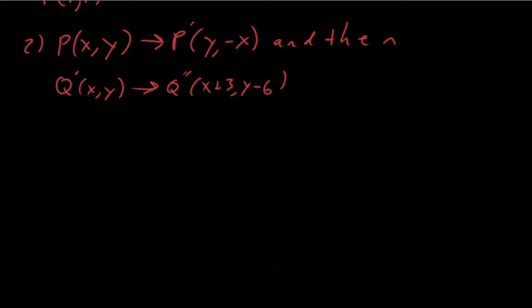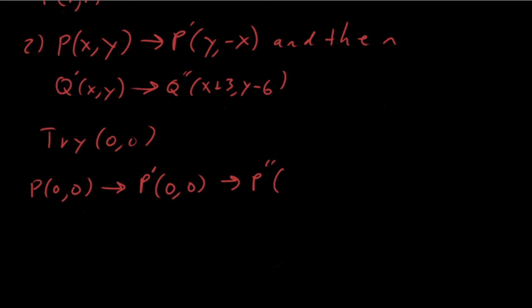All right, so let's try 0, 0. So P of 0, 0, P prime is going to be 0, 0, which goes to P double prime, which is 0 plus 3, 0 minus 6, which is equal to P double prime 3, negative 6.